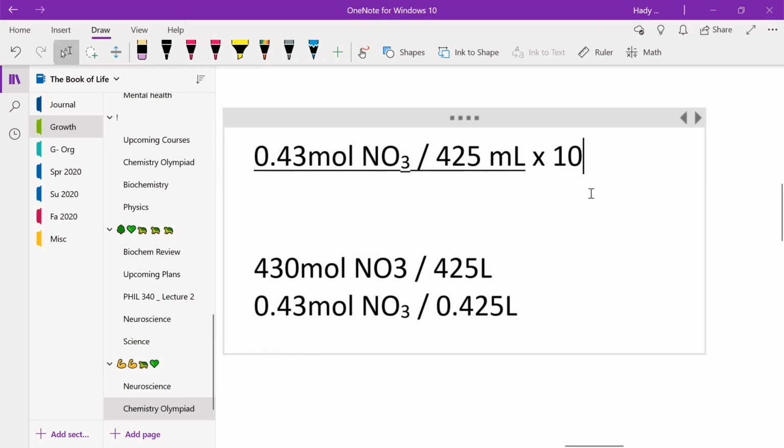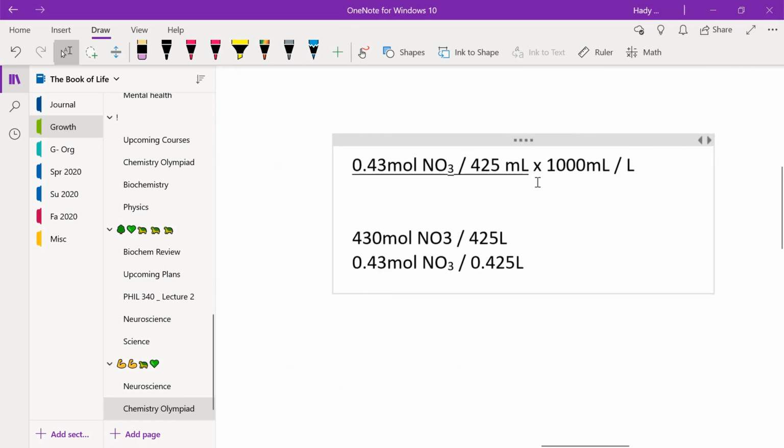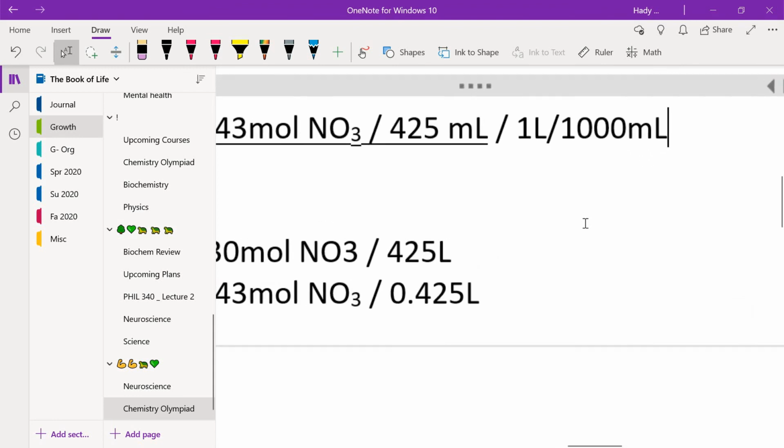I just want to see the units cancel. It's straightforward. So with multiplication, these are just going to stay the same. Let's say this was division, okay?